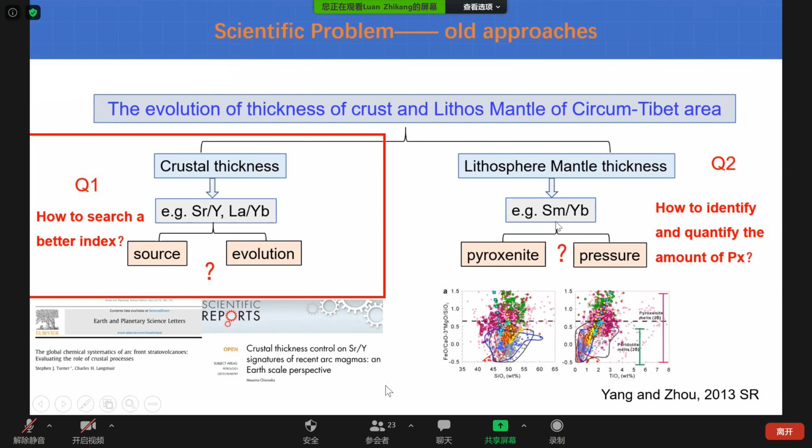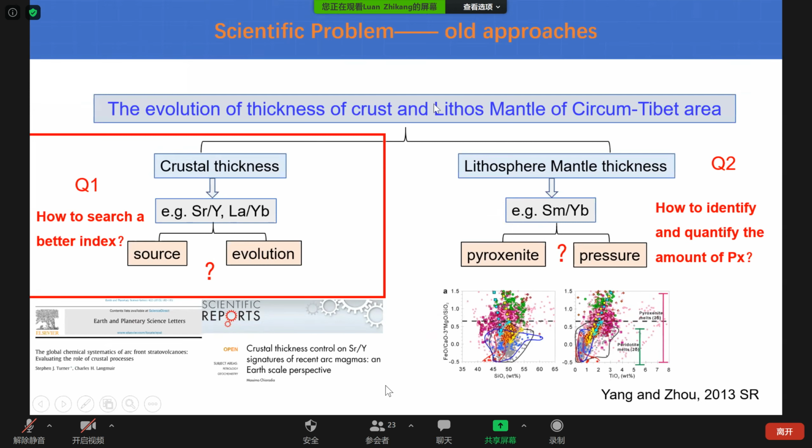And one question is we don't know whether the amount of pyroxenite is derived from the mantle or from other sources. So that gives another question: how to identify and quantify the amount of the pyroxenite? And we now focus on the first question.